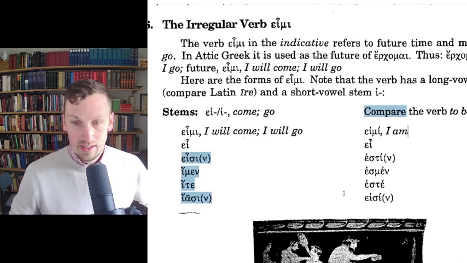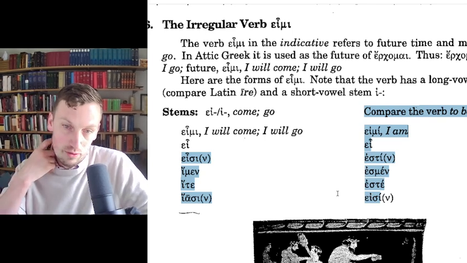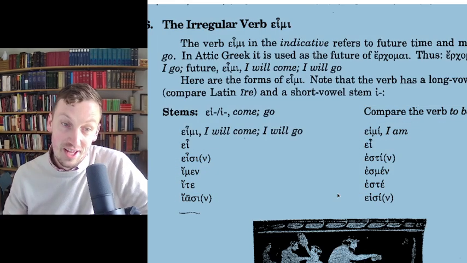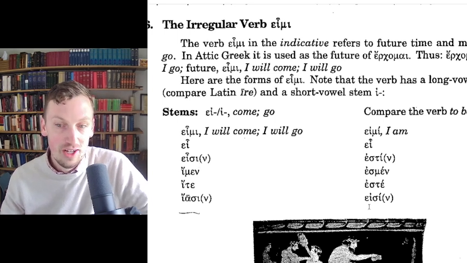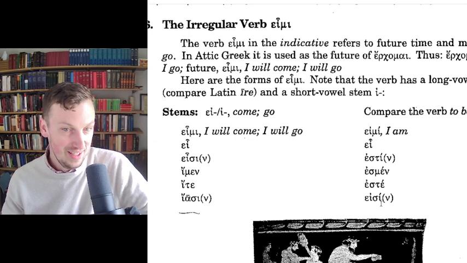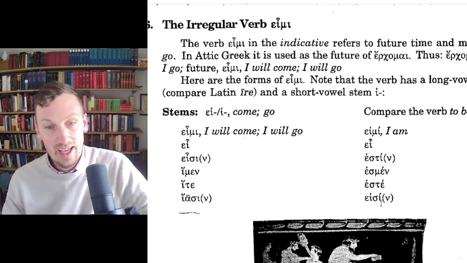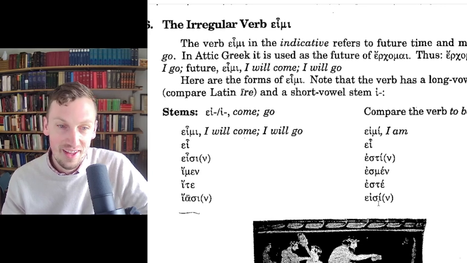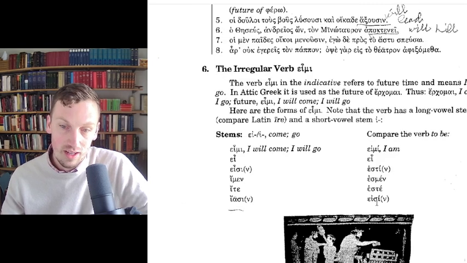Outside of that, it's not so bad. The only other actual ambiguity, I wonder if you spotted it, if you were going quickly, you might have missed that, quite annoyingly, the third person singular future, to go, looks very much like the third person plural, to be. The only difference there is the accent, with an acute or a grave on the final syllable.